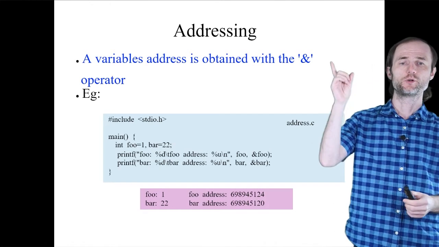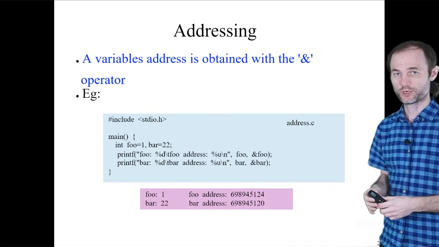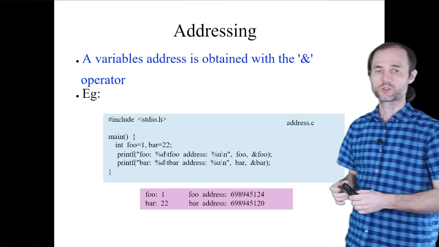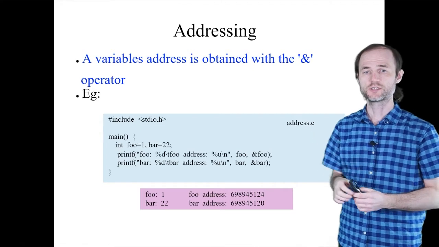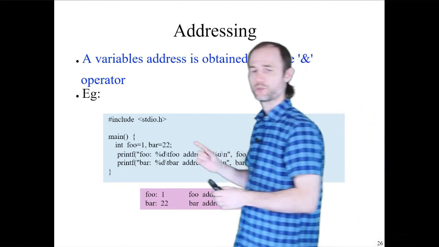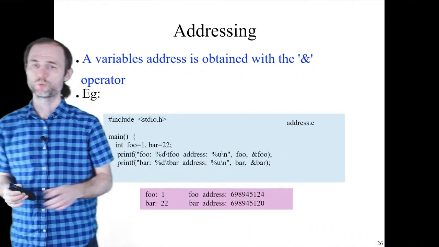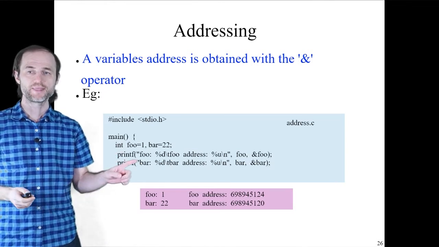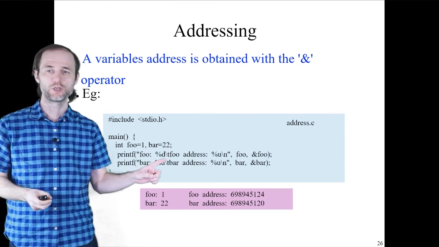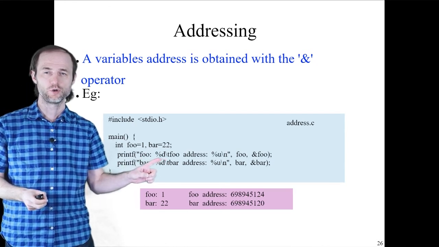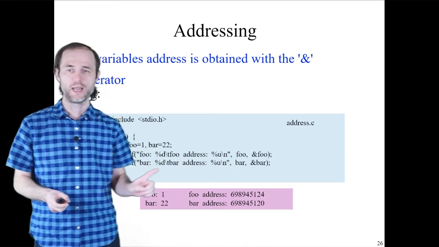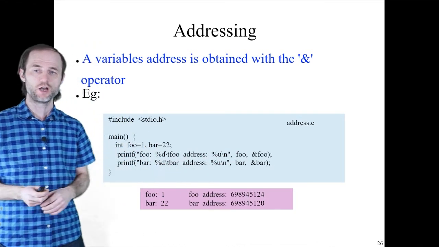The address of a variable is obtained through the ampersand operator, as we've seen with our scanf, fscanf experience. So for instance, in this address.c example, we are going to define two variables, foo equals 1 and bar equals 22. Then we are going to print out the value of foo, and the address of foo, and we will do the same thing for bar.